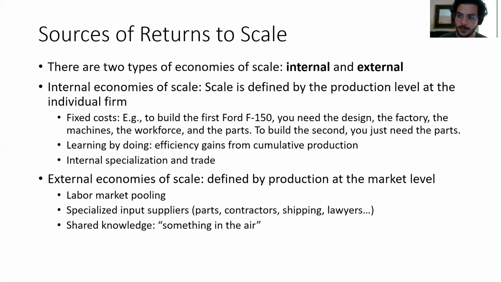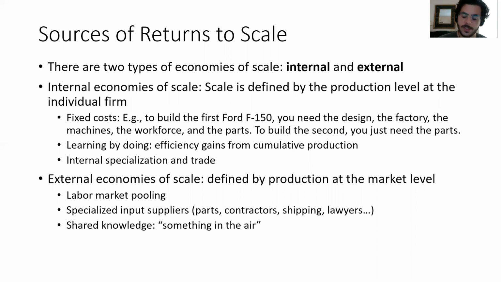So the alternative to internal economies of scale is external economies of scale. And here, we're defining scale by production at the market level or the industry level. So it doesn't matter how big each individual firm is, it's total production at the market that determines the economies of scale. So there are a few sources of this. A big one is labor market pooling.